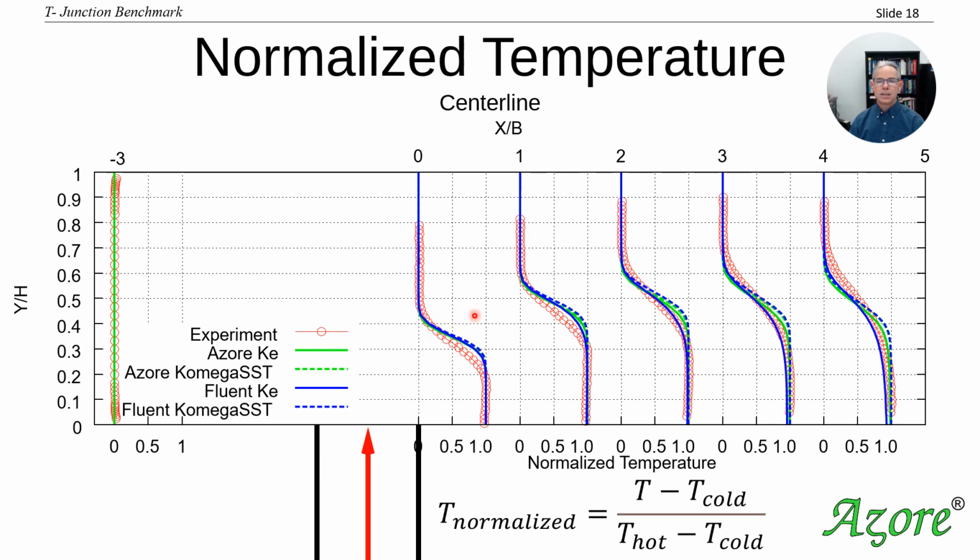This is that mixing area that we were seeing, and this is where our turbulence is playing a role in predicting how that mixing process occurs. So we can make a comparison between the experimental data and the CFD predictions along here.